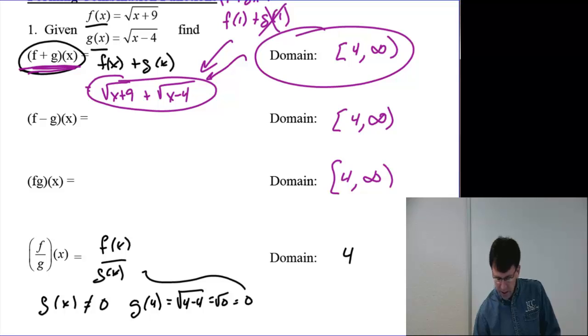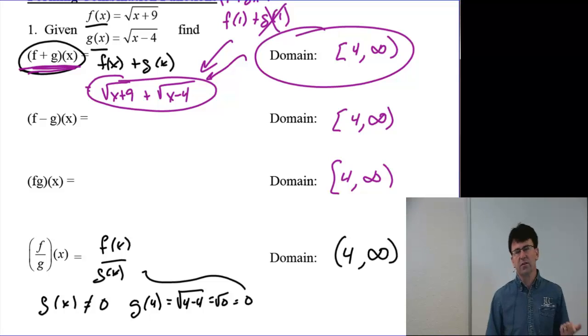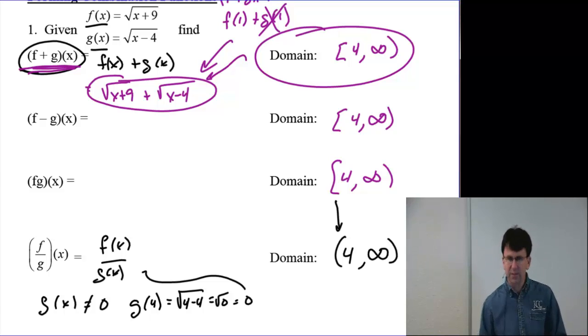So by the fact that I'm not allowing myself to have a 0 output out of the g function, I'm going to switch in this case, not always, but in this case, because that g of x is on the denominator, I'm going to have to switch from being inclusive to not being able to include that 4.